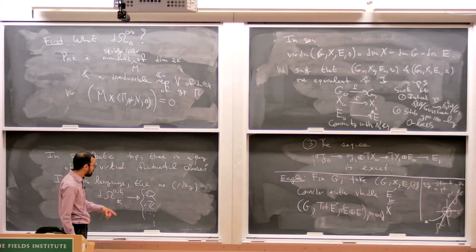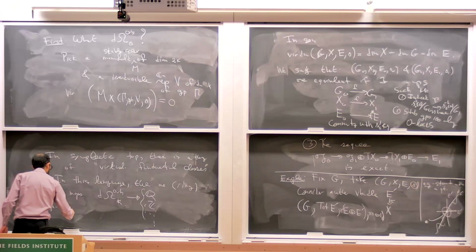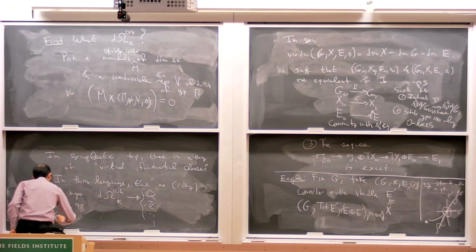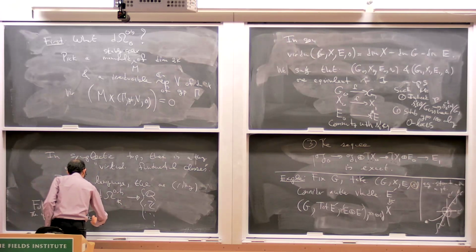And the real hard work that Fukaya and Ono did, in '98, is to show that the map that says point mod gamma goes to 1 over the cardinality of gamma extends to a homomorphism.